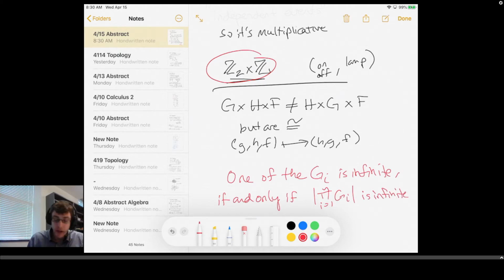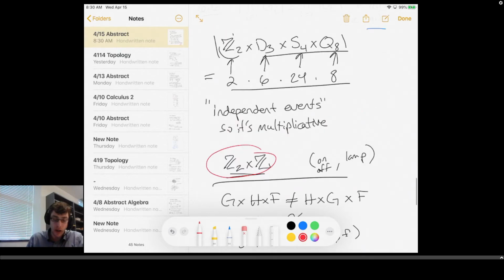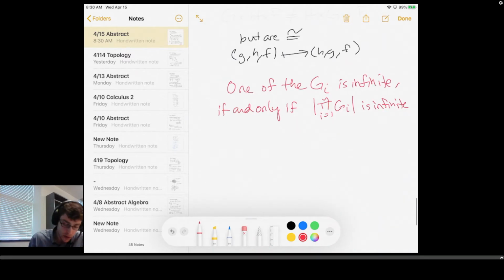Because it works both ways. If you have one infinite thing, then the whole product is going to be infinite. On the other hand, if the whole product is infinite, they couldn't all be finite, because we have a formula right up above for if they're all finite. You get a finite number out. And so at least one of them had to have been infinite. And so there you go. So this direction: infinitely many choices in one coordinate, so infinitely many in all.